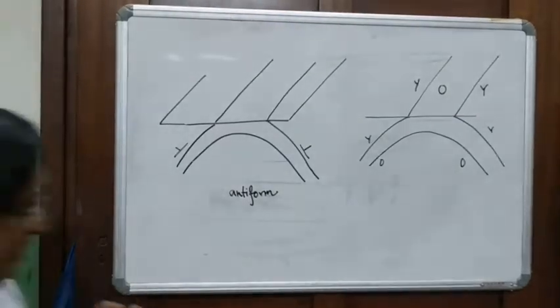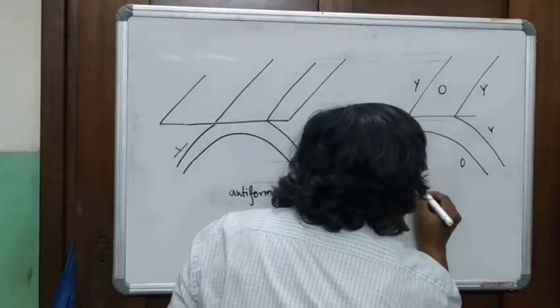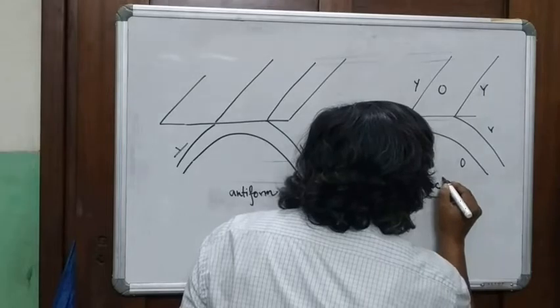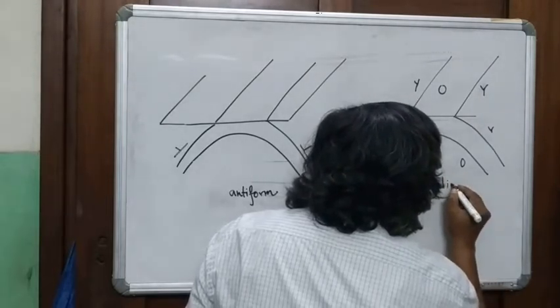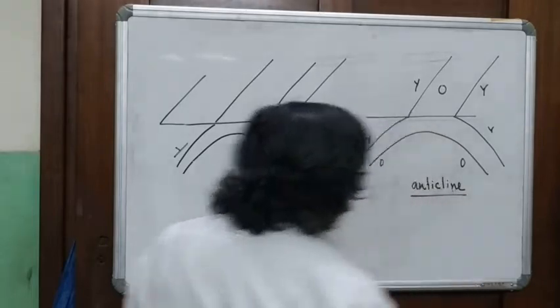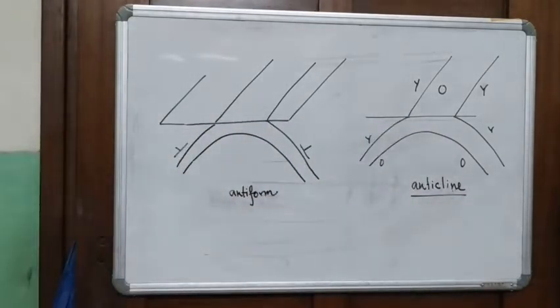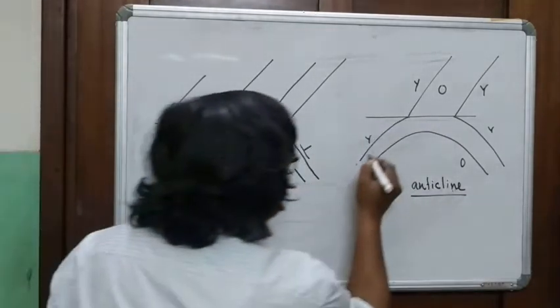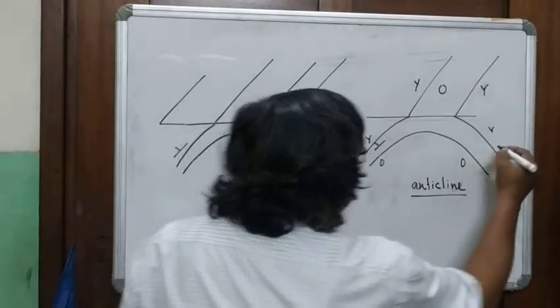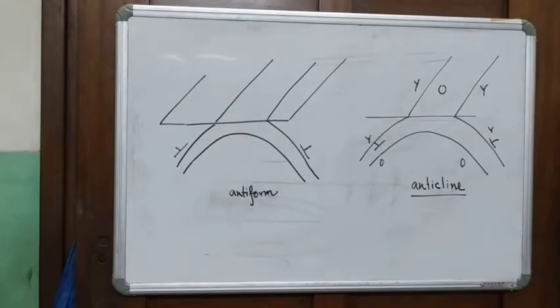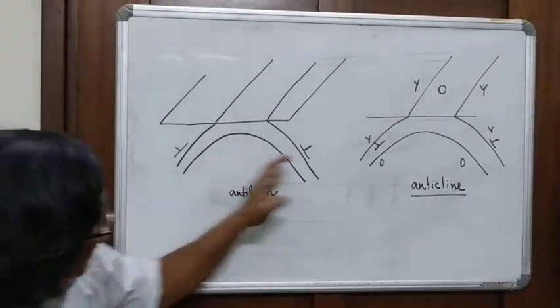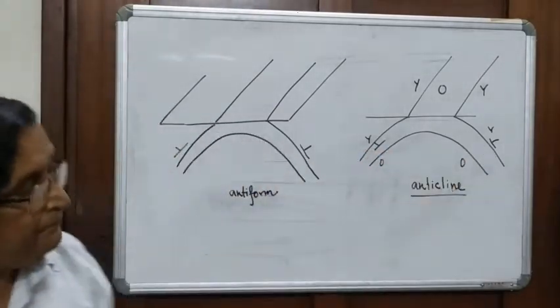This is different from what is called an anticline. Now, here it's slightly different. Here, for example, the beds dip away from each other. That's sure. It's absolutely the same as an antiform.